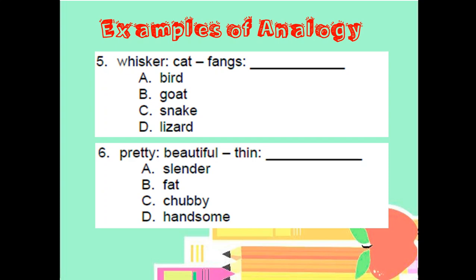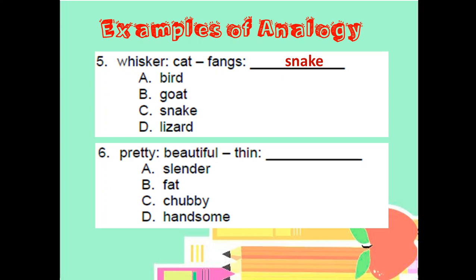Let us find first the relationship of whisker and cat. Whisker is part of the body pertaining to cat. Now, let us try to identify which of the following animals has fang. What would be your answer? That's correct. Letter C, snake.